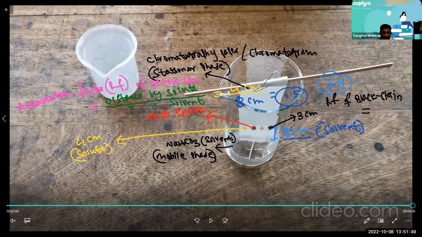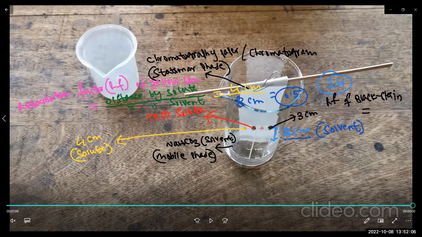What is the retardation factor of the last stain, the black stain? I gave you a hint. The distance traveled by that solute in the same 1 hour is only 3 centimeters. So can you calculate now? 0.375. Okay, very good. How did you get it?